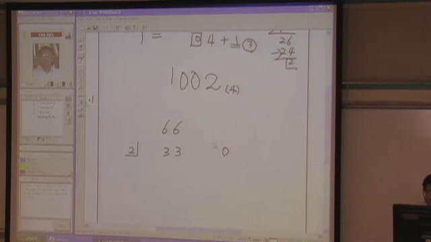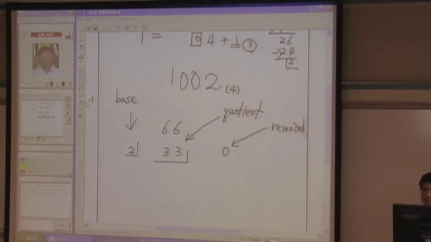So here I wrote the divisor or base, and here I wrote the quotient, and here I write the remainder, right? The remainder is written here. So I will stack this way.